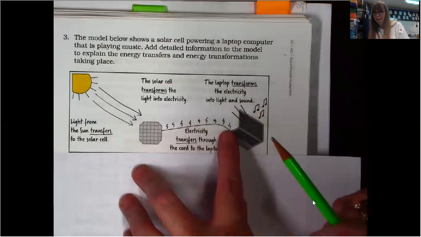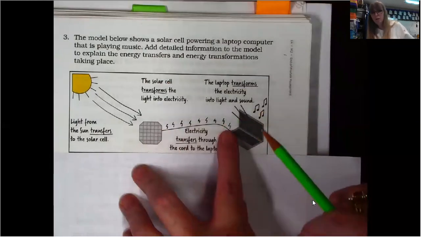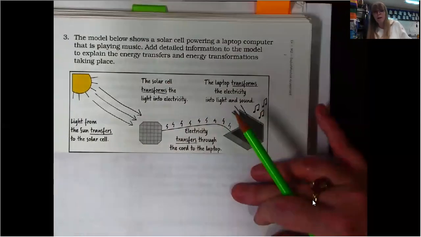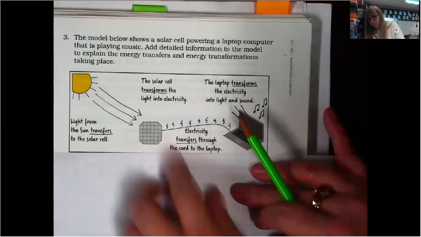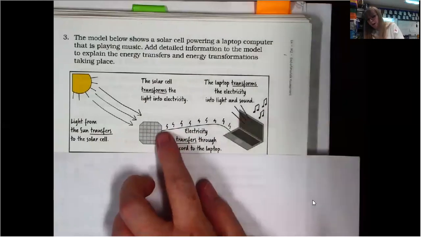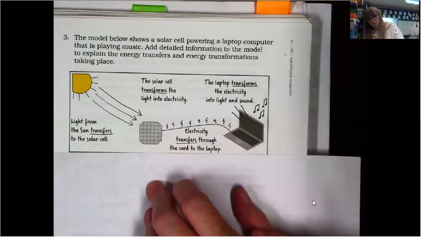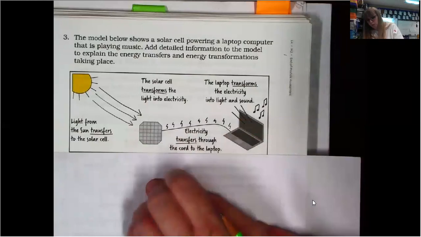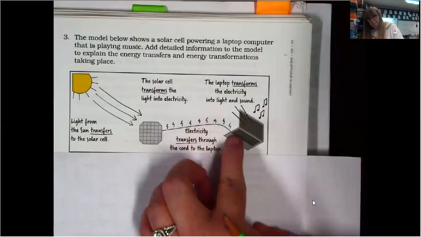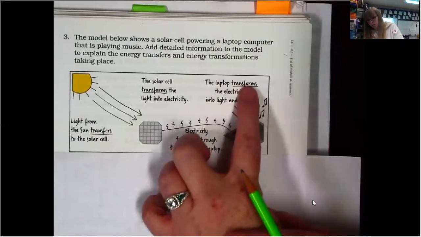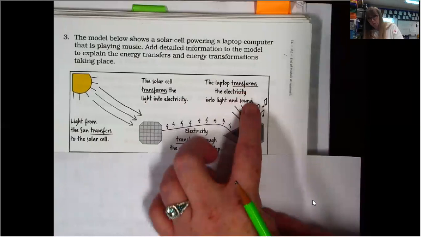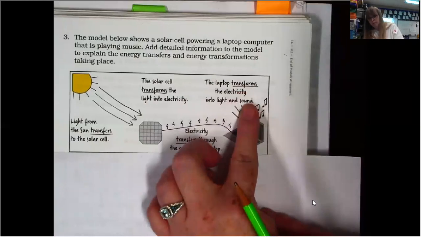It's not going to Bluetooth to the laptop. The solar cell has to physically be attached by a wire to the laptop. So you could say electricity transfers through the wire to the laptop. Some way you've got to show me the electricity is running through a wire or a cord to the laptop. And then you're going to tell me the laptop transforms the electricity into light and sound. That's the answer I need for 3.